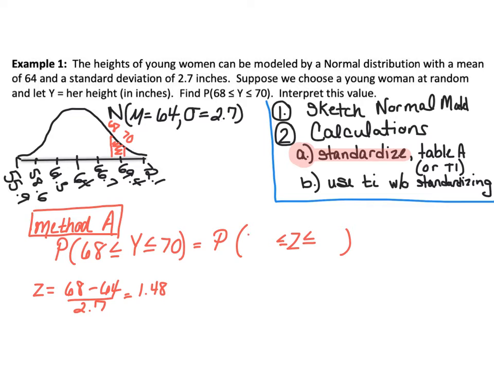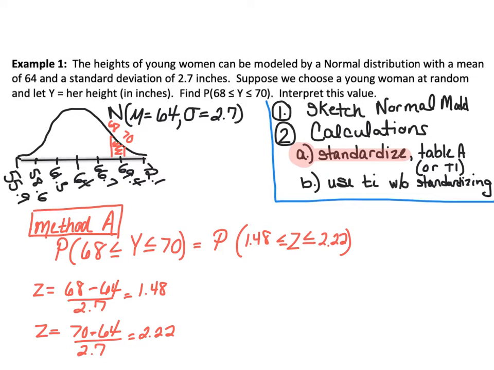I get 1.48. My upper bound would be 70 minus 64 over 2.7, which gives me 2.22 to 2 decimal places. So I want to find the area between 1.48 standard deviations and 2.22 standard deviations away from the mean.